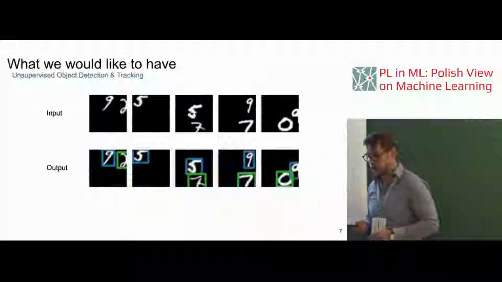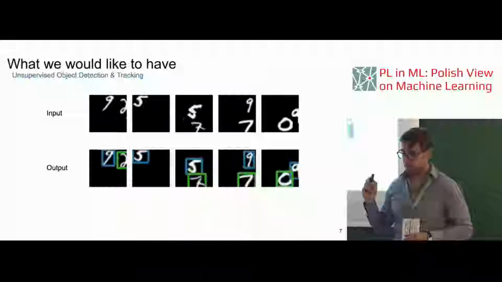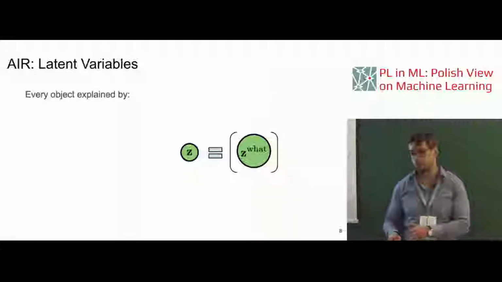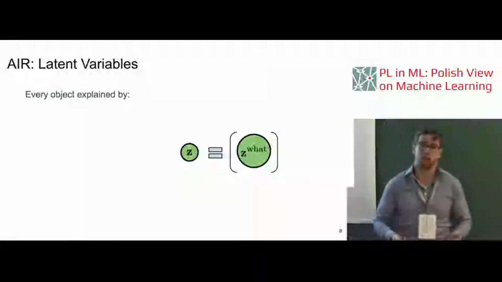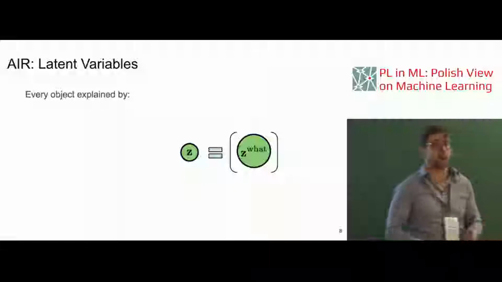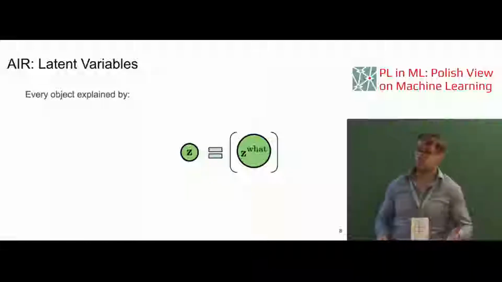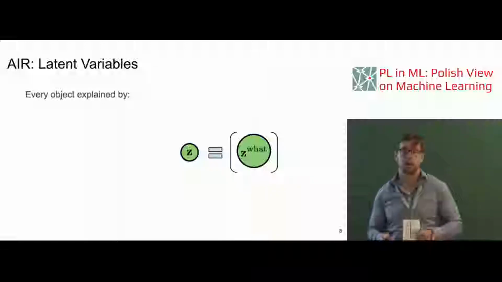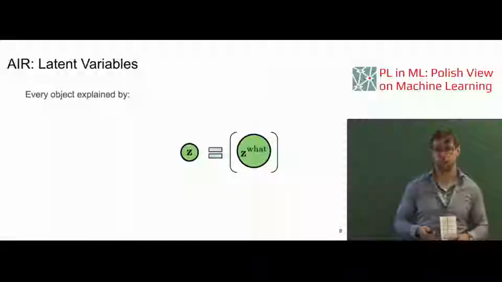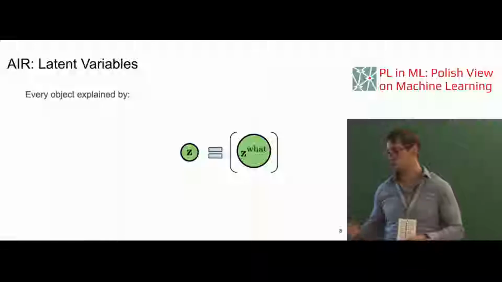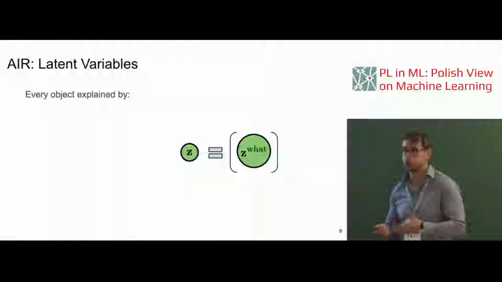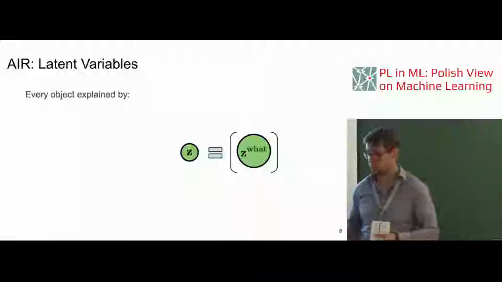Okay. So this is our extension to the model. But first, let's start by talking about AIR and how it actually works and why it works. So in AIR, in Attend, Infer, Repeat, every object is explained by a separate latent variable, but actually there are several types of latent variables. First of all, we have a variable what, which describes the appearance of an object.